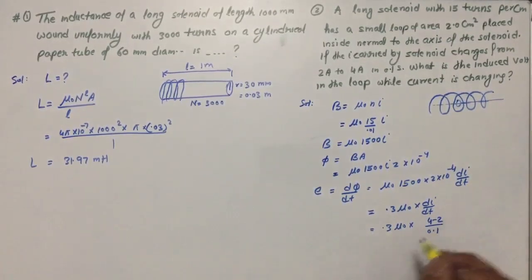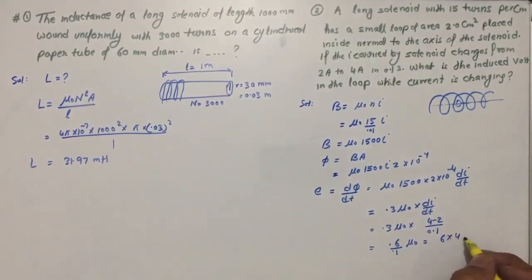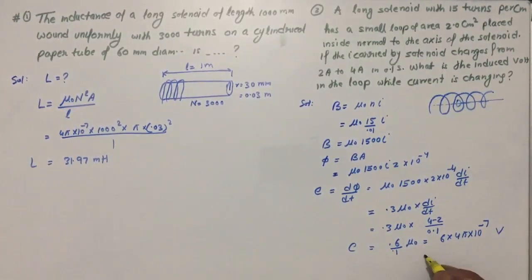So from here we can have 0.6 divided by 0.1 mu naught, that is 6 into 4 pi into 10 to power minus 7 volt. This is volt. When we will simplify, it will give us the final value.